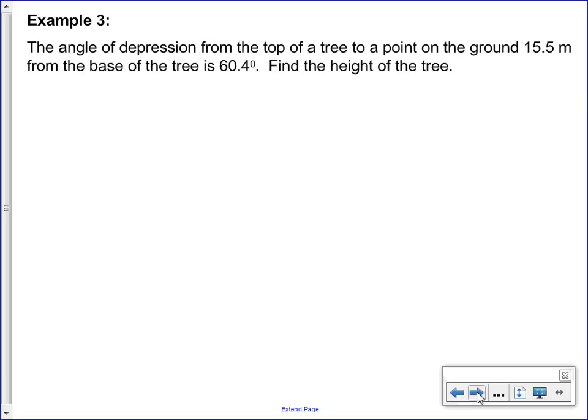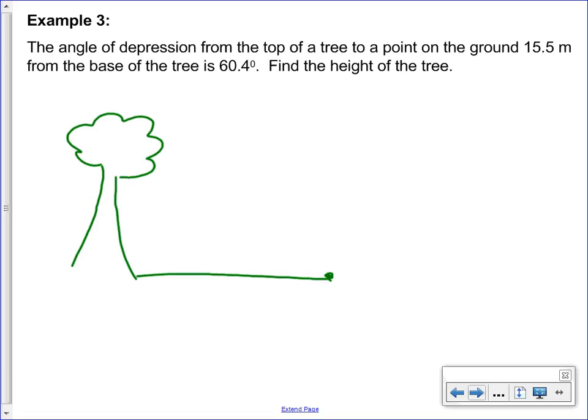Okay, so for example, from the top of a tree, we're trying to find the height of the tree. Again, draw pictures, and I like to draw realistic pictures. So here's the tree. There's some point on the ground that's away from the tree.